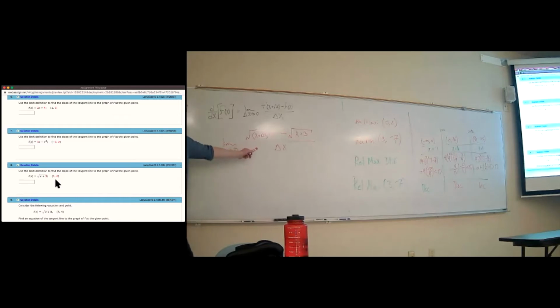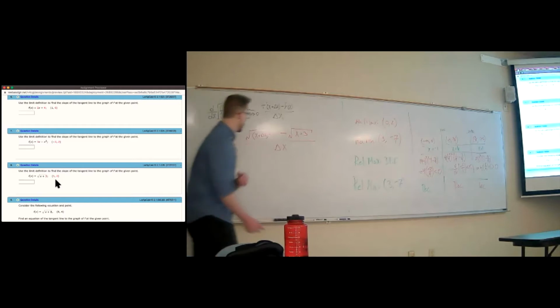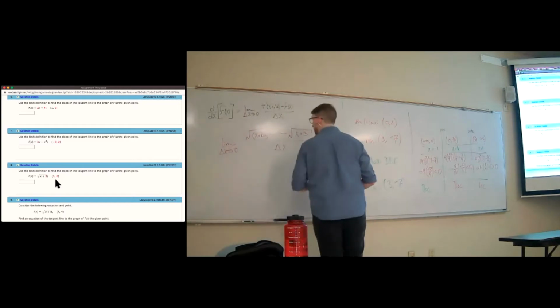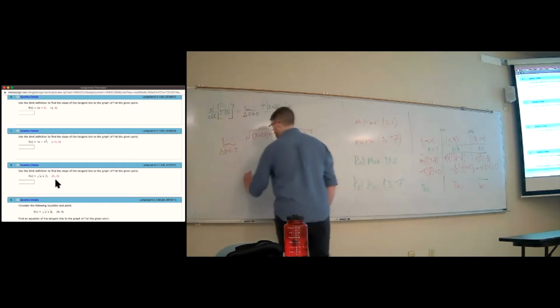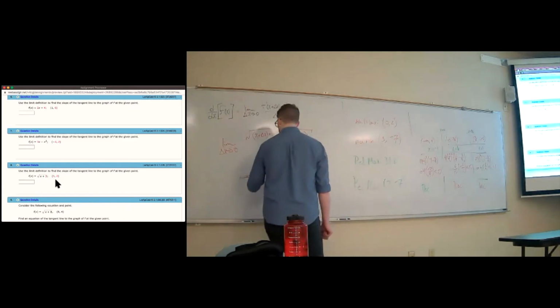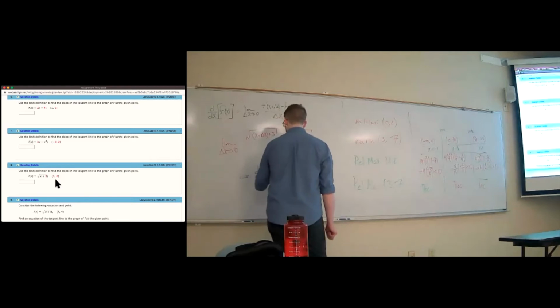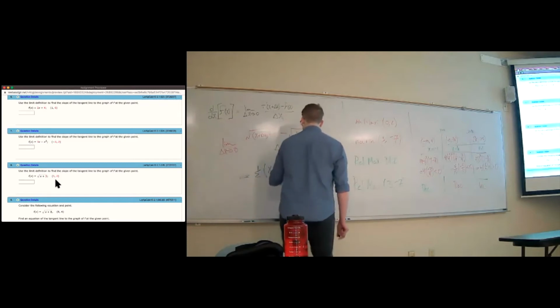Once we reduce this as far as we can take it, what we're going to end up with is 1/2 times x plus 3 to the negative 1/2 power.